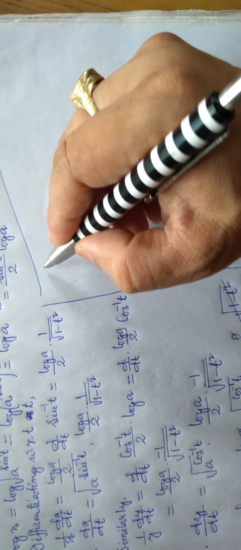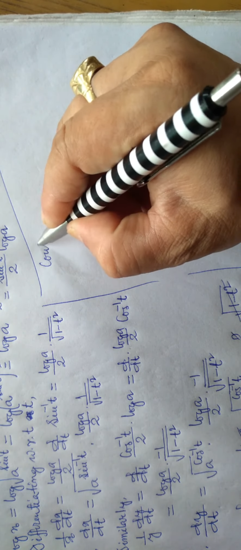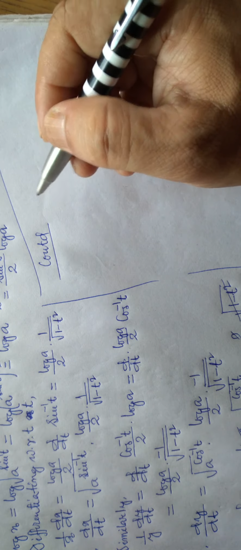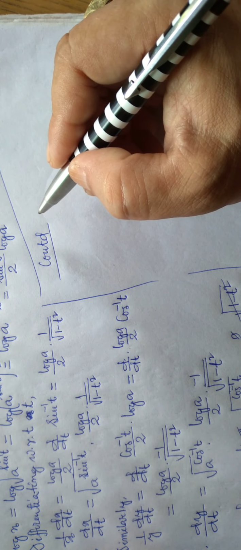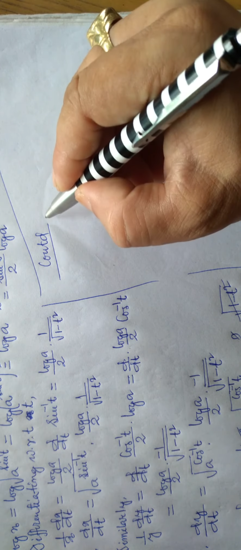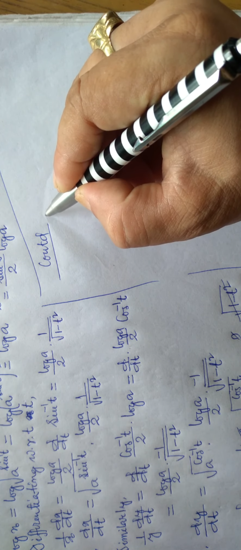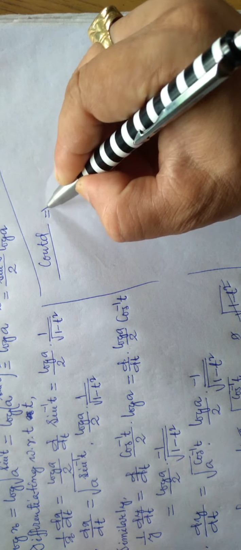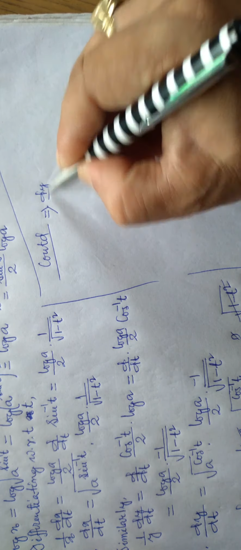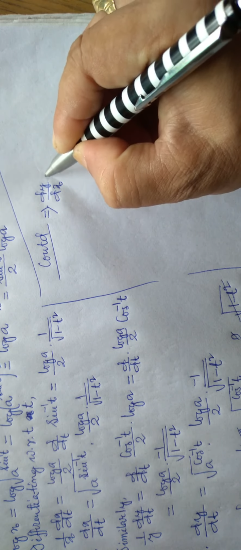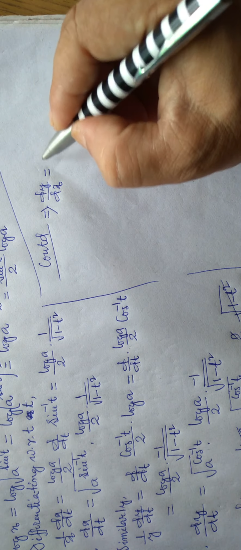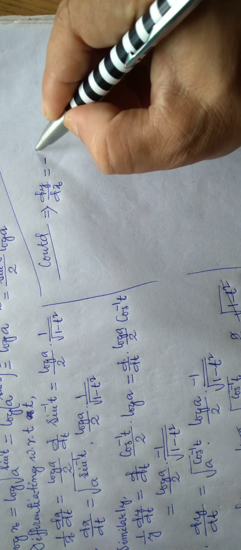Continued. This implies dy by dx is equal to minus, which is still remaining.